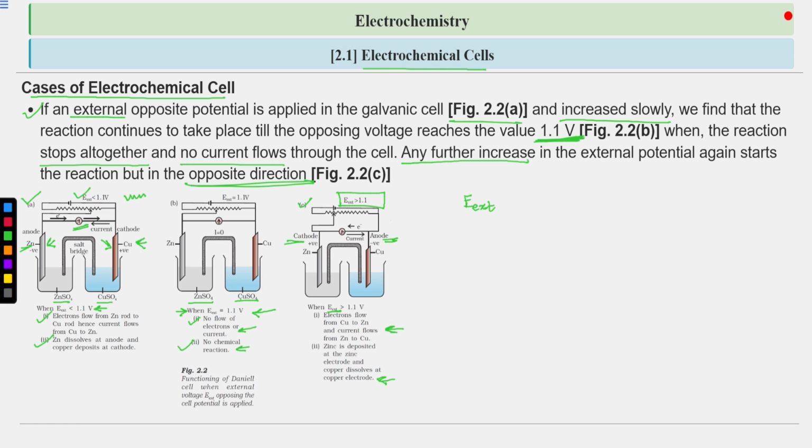And at the exact value of 1.1 volt of external potential, no reaction will be going on, no chemical reaction will happen and no flow of current or electrons will take place. So this is figure 2.2, showing the functioning of Daniell cell when the external voltage E external opposing the cell potential is applied. This is the whole case we have just discussed for the electrochemical cell.